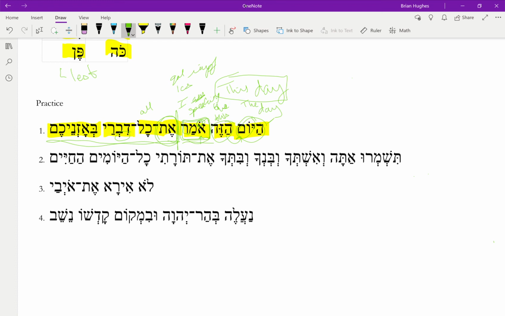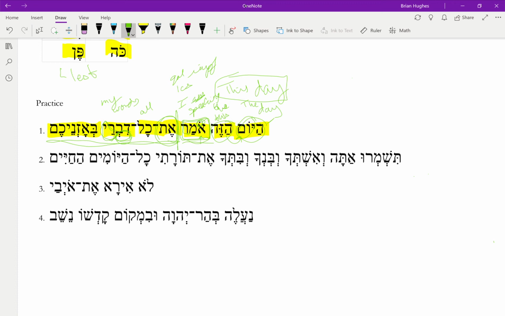So this is the words. Then we also have this patak yod, and this is the first common singular possessive suffix. So this is my words, my words. So this ending is for a plural noun. This is the construct form of davar in the plural.